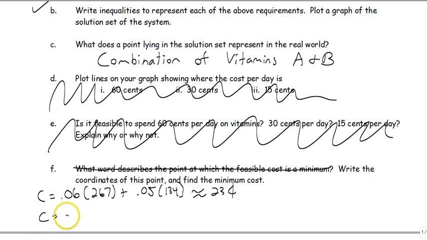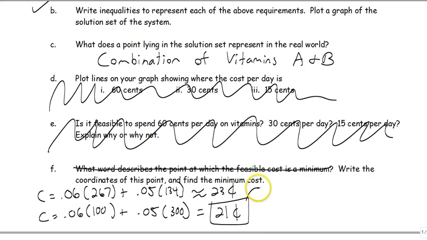If I do the cost of the other point that we have, which is 0.06 times 100 and 0.05 times 300, you actually end up with a 21 cent cost. So the minimum is 21 cents, that's our min cost, and it's when we have 100 of vitamin A and 300 of vitamin B.